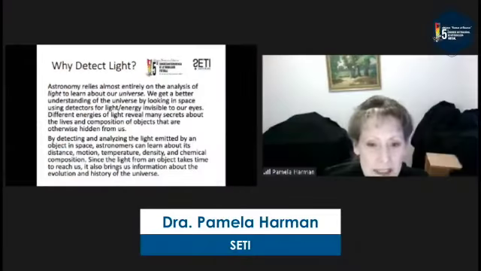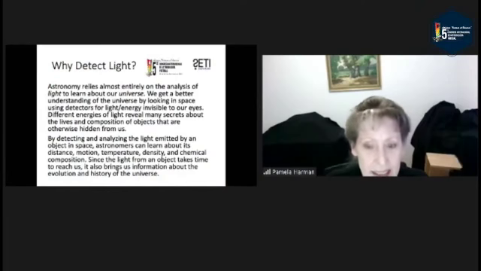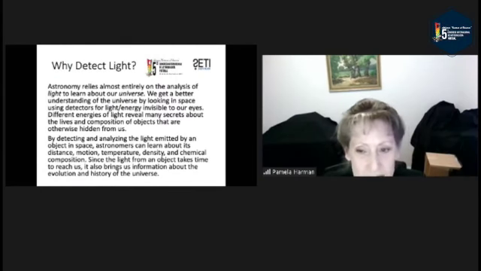So why detect light? Astronomy relies almost entirely on the analysis of light to learn about our universe. We get a better understanding of the universe by looking in space using detectors for light, energy, or radiation invisible to our eyes. Different energies of light reveal many secrets about the lives and composition of objects that are otherwise hidden from us.